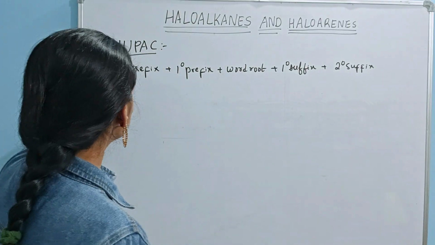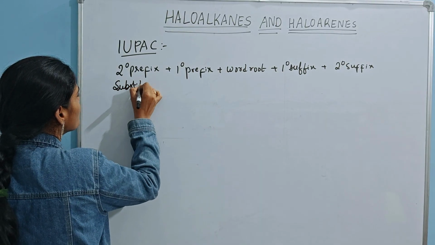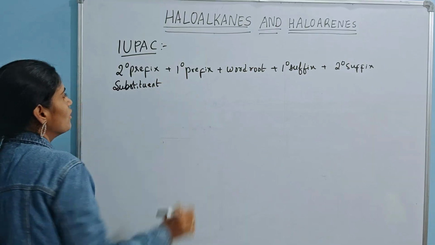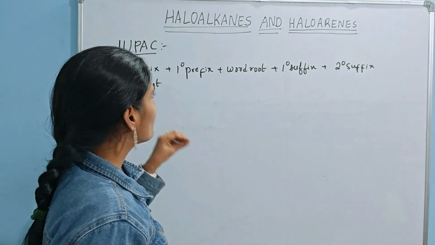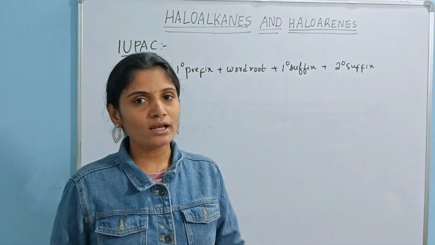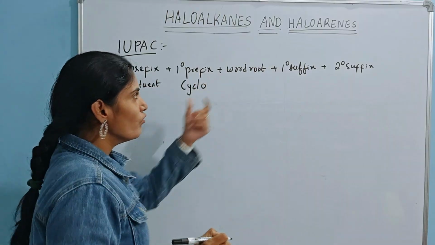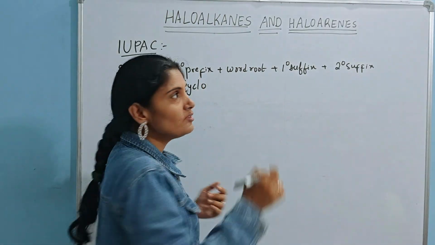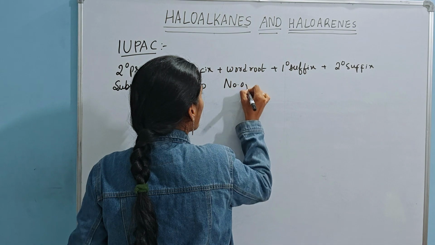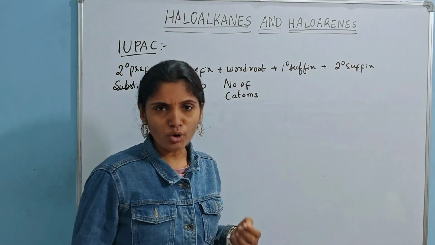In this, what should be the secondary prefix? Secondary prefix should be your substituent. What should be the primary prefix? Primary prefix is not mandatory for all the compounds. If the compound is a cyclic compound, then you will add the primary prefix as cyclo. What does the word root tell us? Word root tells us about the number of carbon atoms present in the compound.